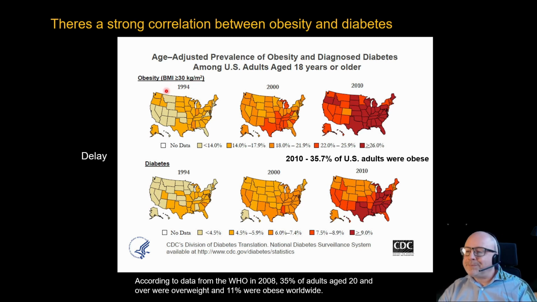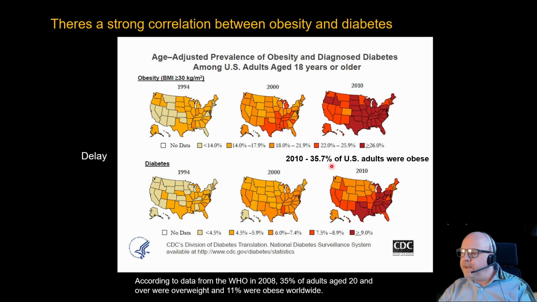You can see in the 90s, the more red, the more obese people are. By 2010, 26% or more of adults aged 18 or over were obese in these states. You can see a development over time: orange states were over 22%, and then 10 years later, they're over 26%.